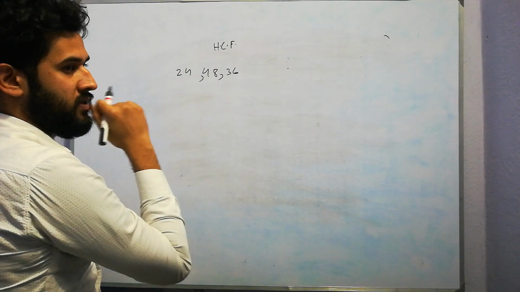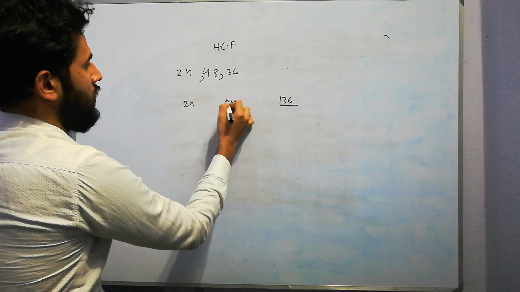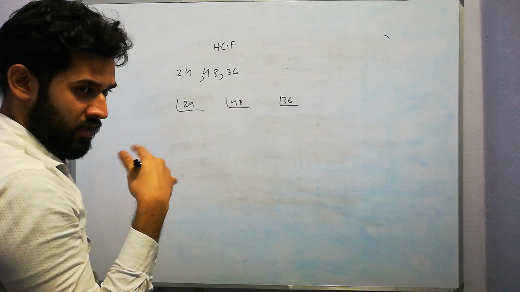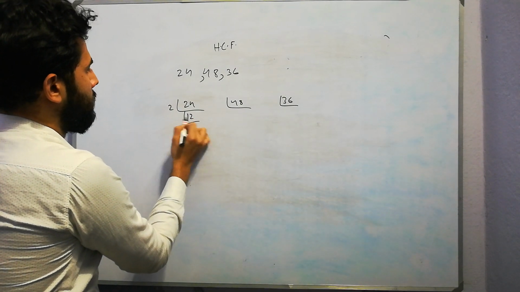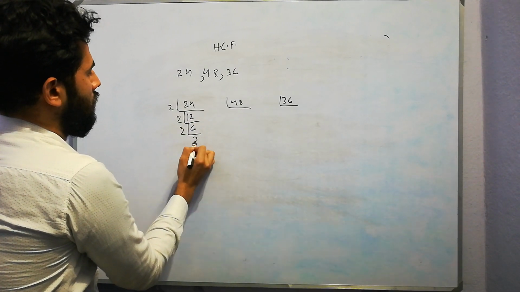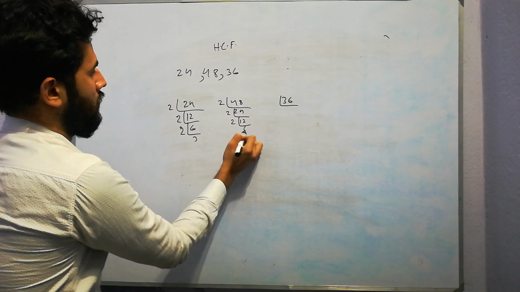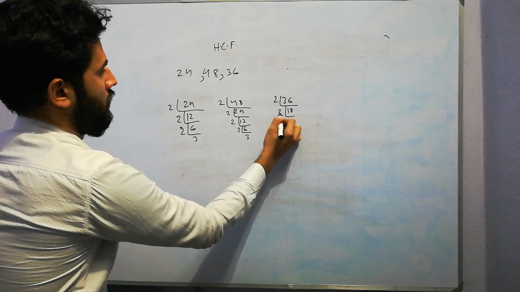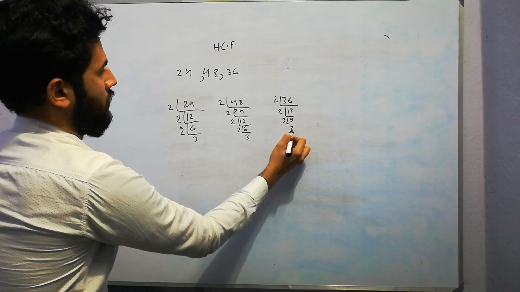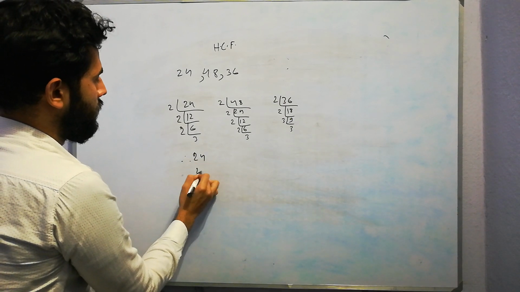HCF has 3 ways. First is the prime factorization method. We'll do it like that again. I'm doing it without telling, because I have told it already. Hope you understand. We'll write like that again.